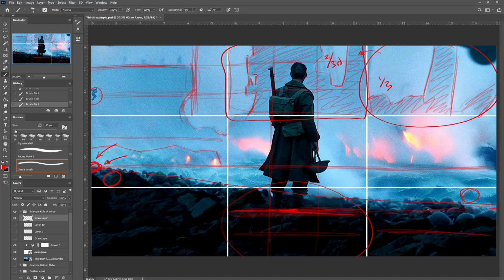So again, when you're doing rule of thirds, it can be form makeup, it can be breaking down your image into thirds to help you get a better setup. We've got our balance here, so if you have something coming across at a diagonal, make sure that there's a nice sense of balance. And then on top of that, make sure that your composition works if you break it down farther and farther.